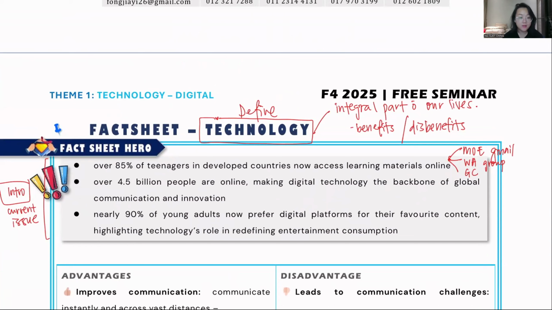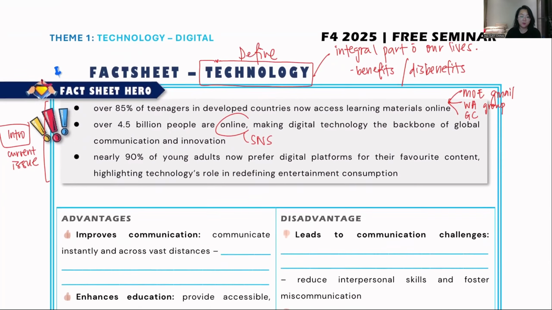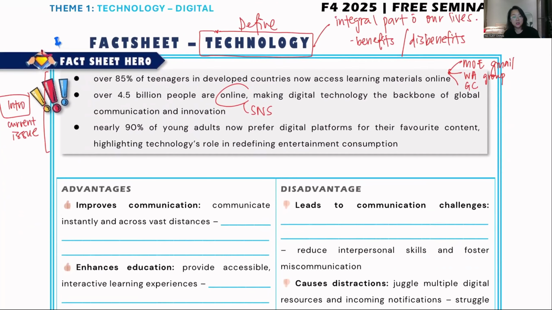Question. 我们讲所谓的 4.5 billion people are online，我们没有限制于它怎样 online 法嘛，对不对？So the fact that 你有任何 social networking sites，你的 Instagram、你的 Facebook、你的 X，都是算是你所谓的 being online。还不算那些大人们在的 official career website like LinkedIn，还不算一些老年人，只是单纯要联络朋友啊、邻居啊的 online communication groups，对不对？Okay, now nearly 90% of young adults now prefer digital platforms for their favorite content, highlighting technology's role in redefining entertainment consumption.